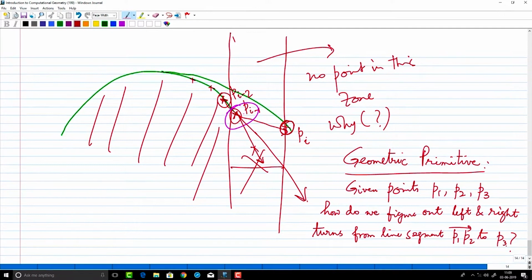Essentially what you have to do is compute this determinant, and based on whether it is positive or negative, you can determine the direction, right. So, this is an exercise, I leave this as an exercise to you.